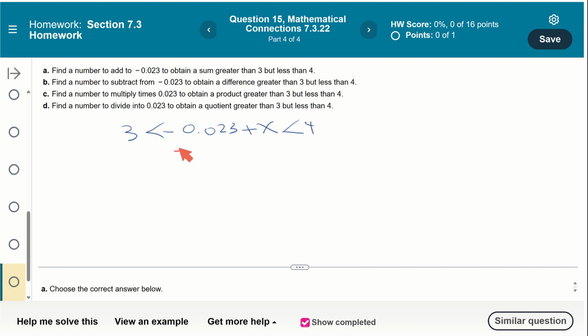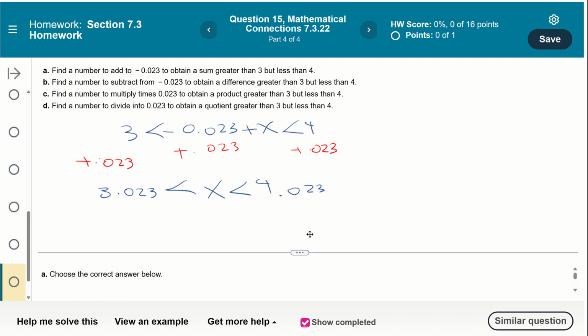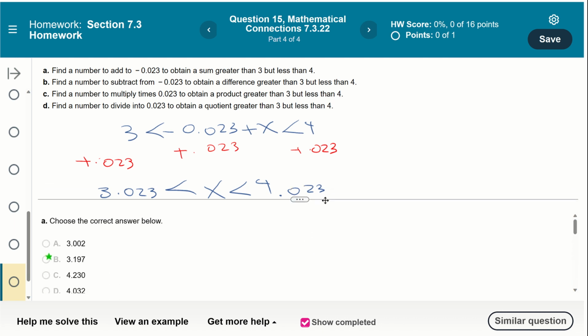We're going to add 0.023, and we end up with 3.023 less than x less than 4.023. Okay, so let me show you the kind of answers they're going to offer you.